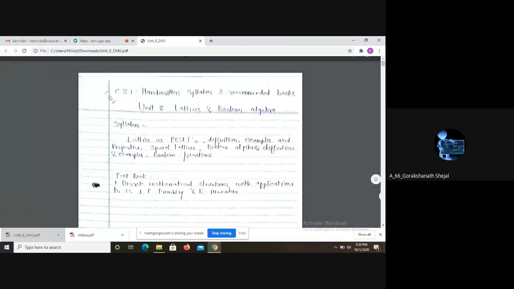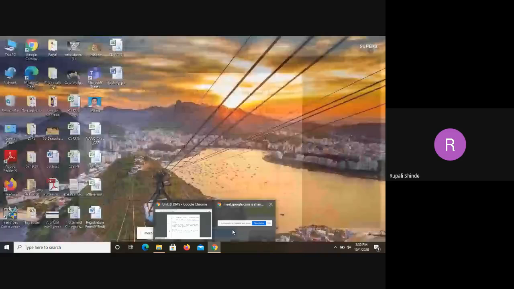Yes, ma'am. Okay. So here we have to see lattice and Boolean algebra, its properties, examples.